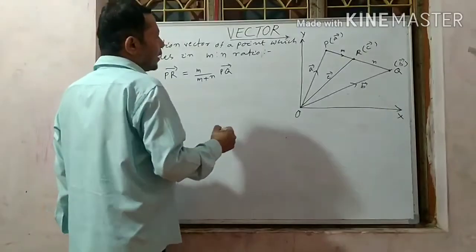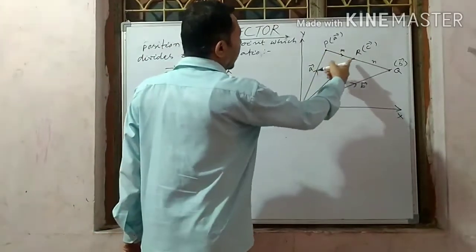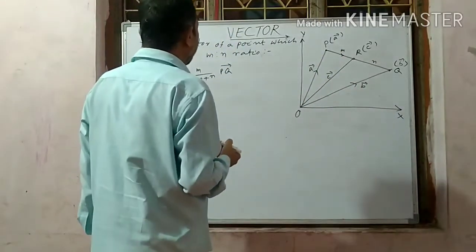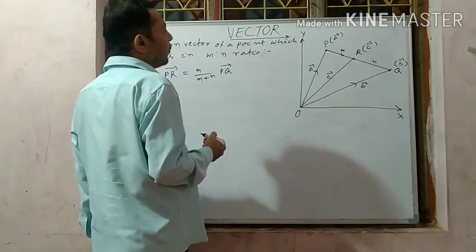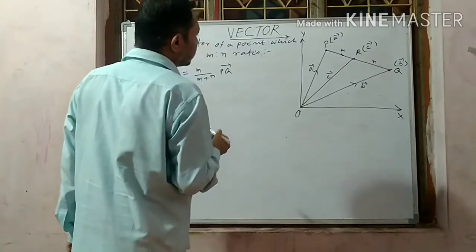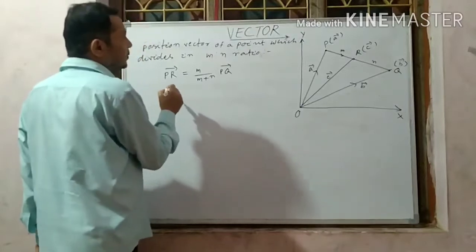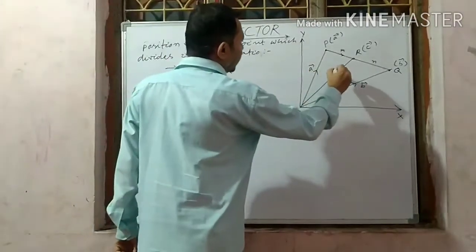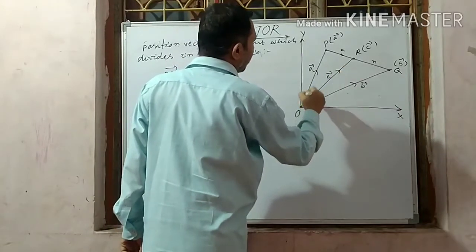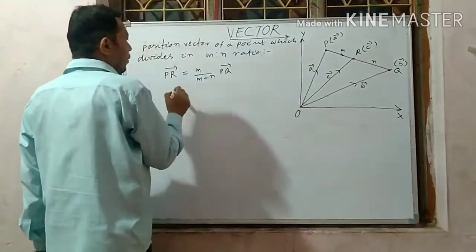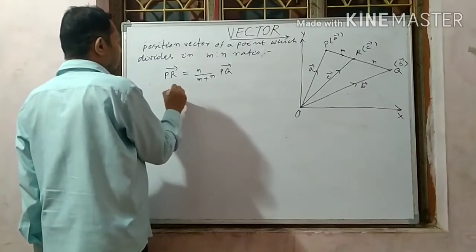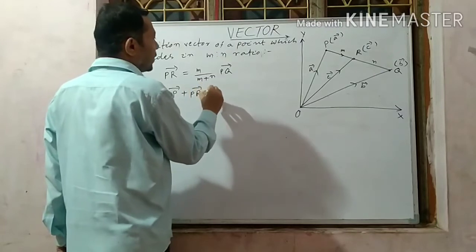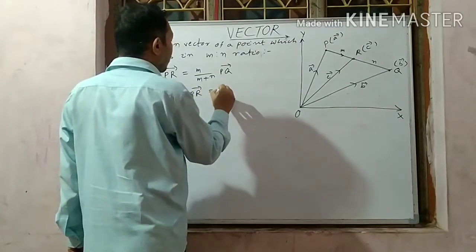Now, in the triangle OPR, we have OP plus PR is equal to OR.